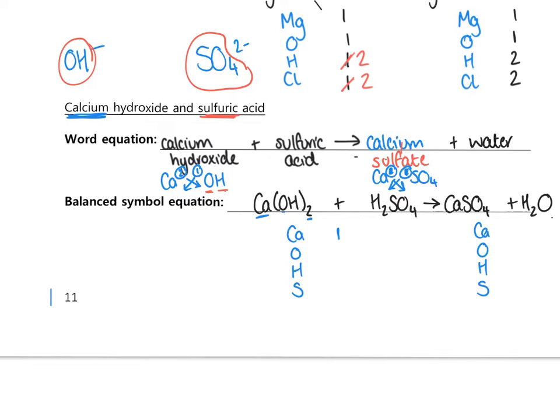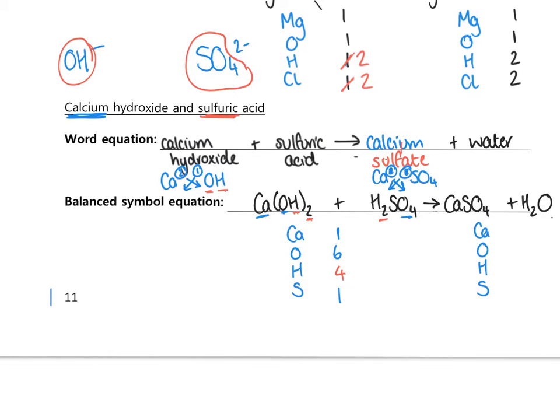So I've got 2 times by my 1 oxygen, which is 2, but then I've got another 4 here, so that is 6. Hydrogens, again be careful with this. You have 2 times your 1 hydrogen here, which is 2, but I've got another 2 here, and that is 4. Sulfurs, I just have 1.